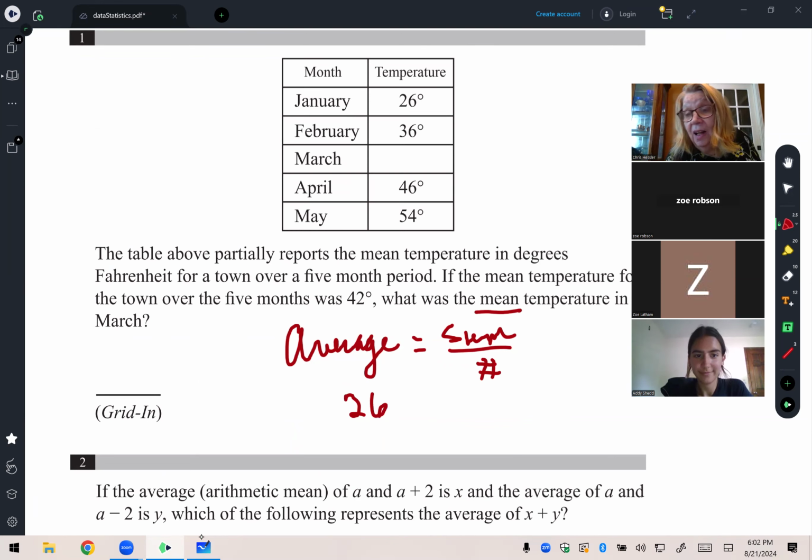Oh, Addie, nice to see you, honey. So we're on page 8 in the packet. It's the data statistics packet. I'm sorry, it looks like this. It should be at the very bottom.